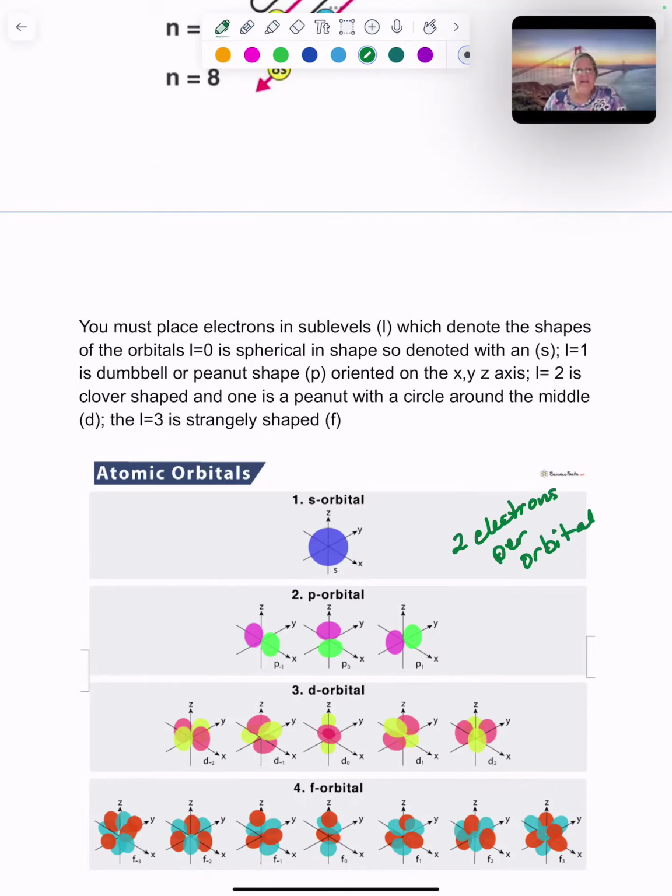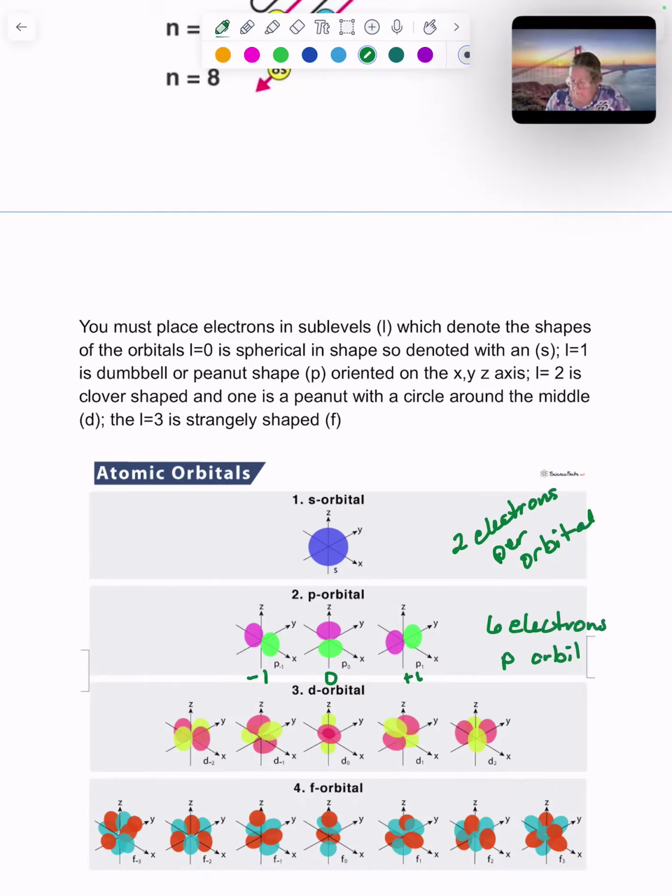In the p, there are 3 orbitals. Remember, it's going to be negative l going through 0 to positive l. So here's our -1 orbital, our 0, and our +1 orbital. And they're oriented on the axis x, y, z. Now remember, there's 2 electrons per orbital. So 2 electrons will fill the s orbital. 6 electrons will fill the p orbital.